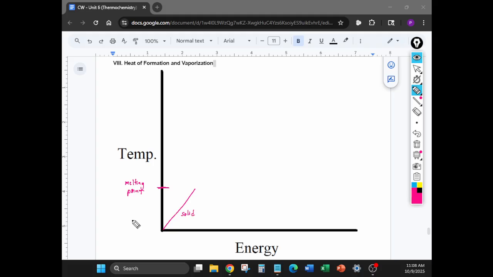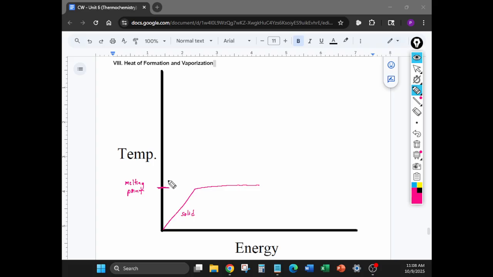Even if you put energy into it, the temperature stops going up. The reason is that the energy is no longer being used to heat up the object. Instead, it's being used to break apart the interactions between the solid molecules.